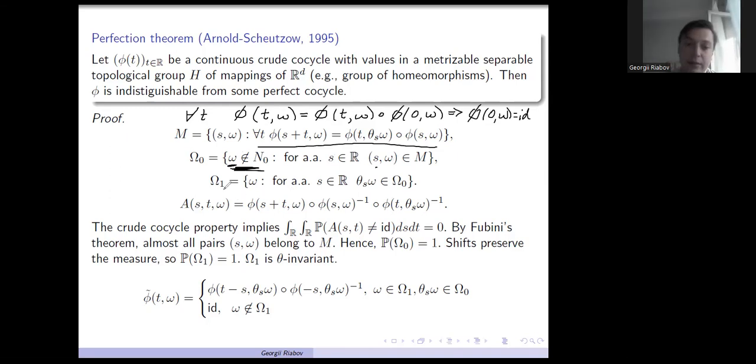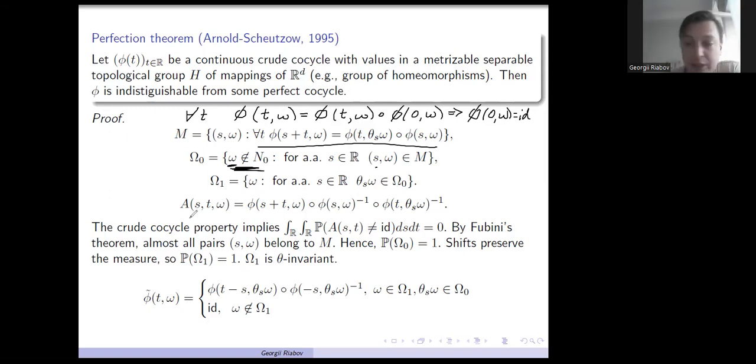And Ω1 is the set of ω such that for almost all s, the shift of ω by θs belongs to Ω0. We will show that actually both Ω0 and Ω1 are sets of probability 1.